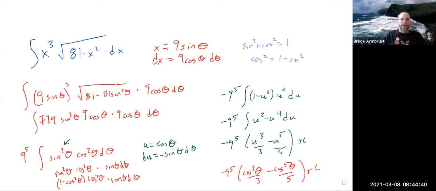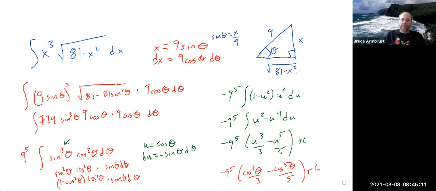So here's where we need to make our little right triangle. There's our theta. We know that the sine of theta is x over 9, if you just solve that for sine of theta. So sine is opposite over hypotenuse. And then this third side, if we use the Pythagorean theorem, gives us the square root of 81 minus x squared.